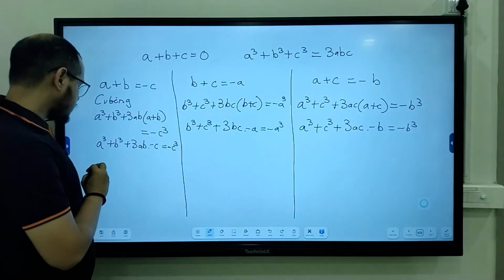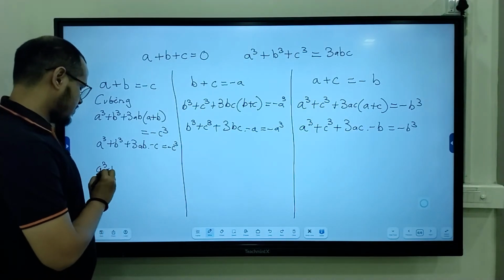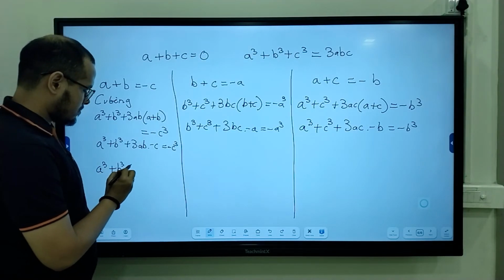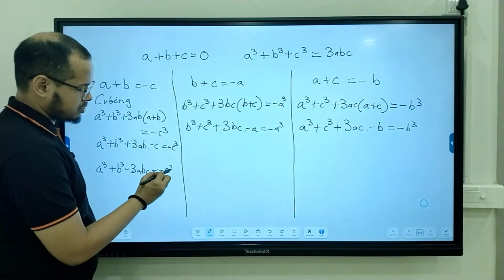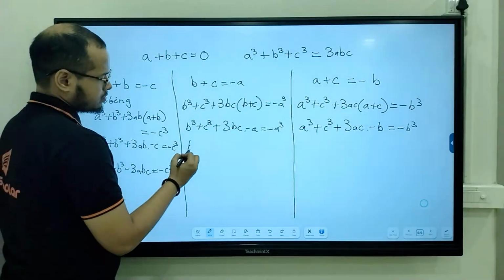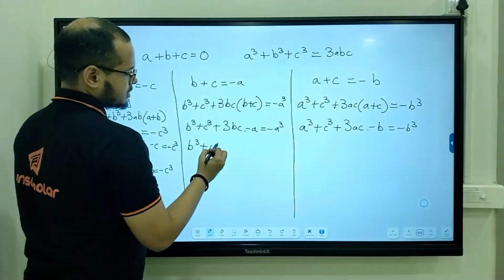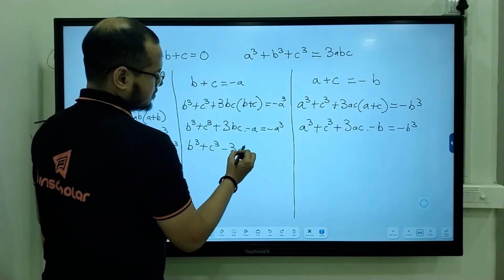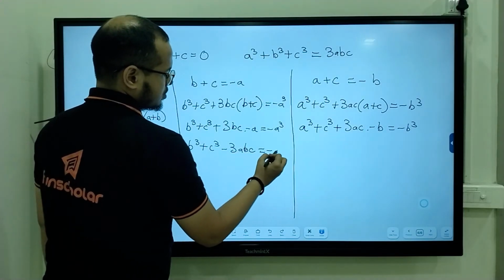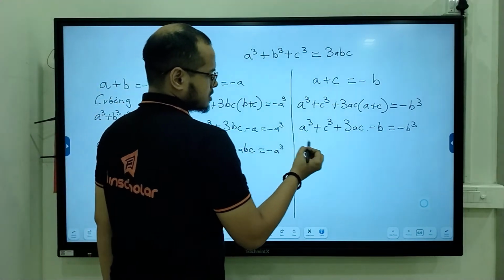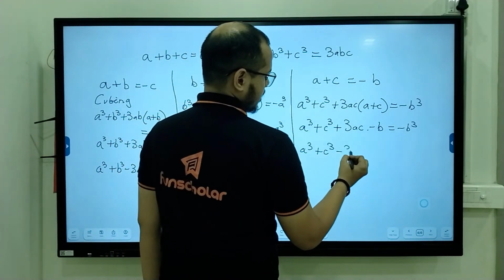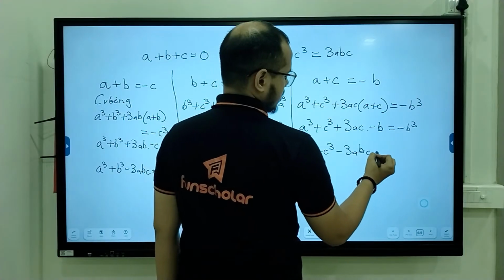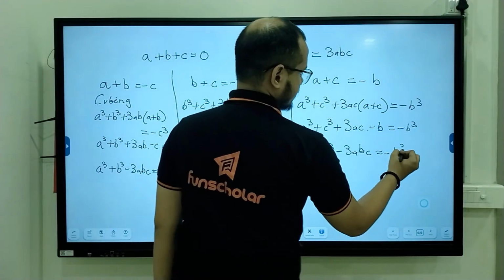Now for the last step, a cube plus b cube minus 3abc is equal to minus c cube. For this one, b cube plus c cube minus 3abc is equal to minus a cube. Similarly, a cube plus c cube minus 3abc will be equal to minus b cube.